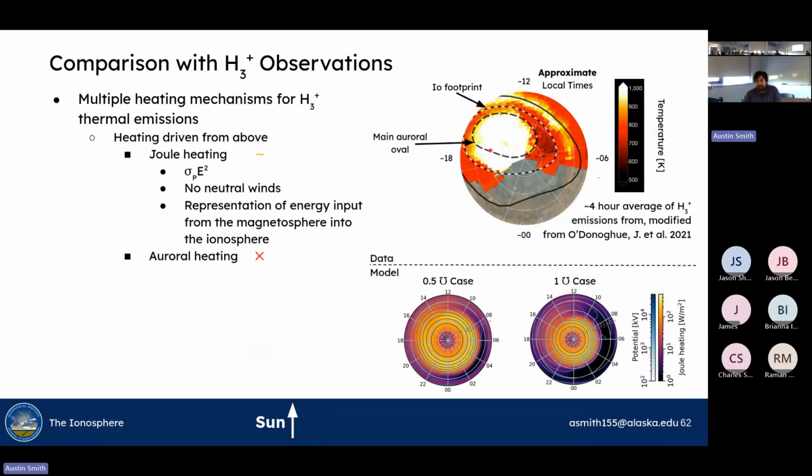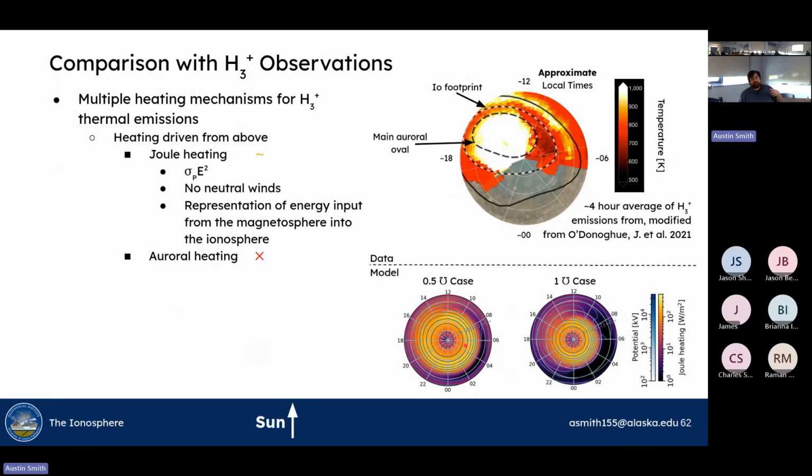Now, there are multiple heating mechanisms for heating H3+, and it's not fully understood. At Earth, Joule heating, especially during storms, accounts for most of the heating of the upper atmosphere, about 70%. In this case, though, because of REMIX, I just have a 2D ionosphere model, so there are no neutral winds, which are not well constrained at Jupiter, so I don't know if they would play a major role.